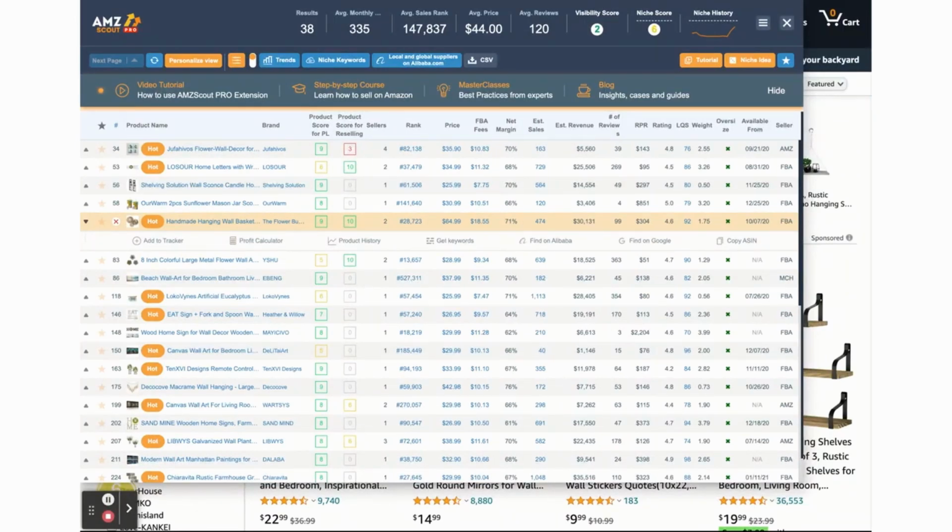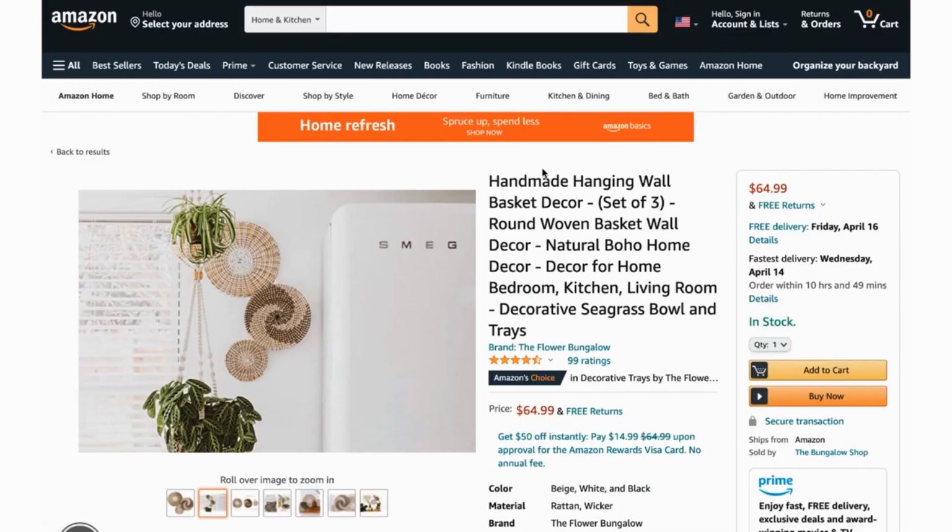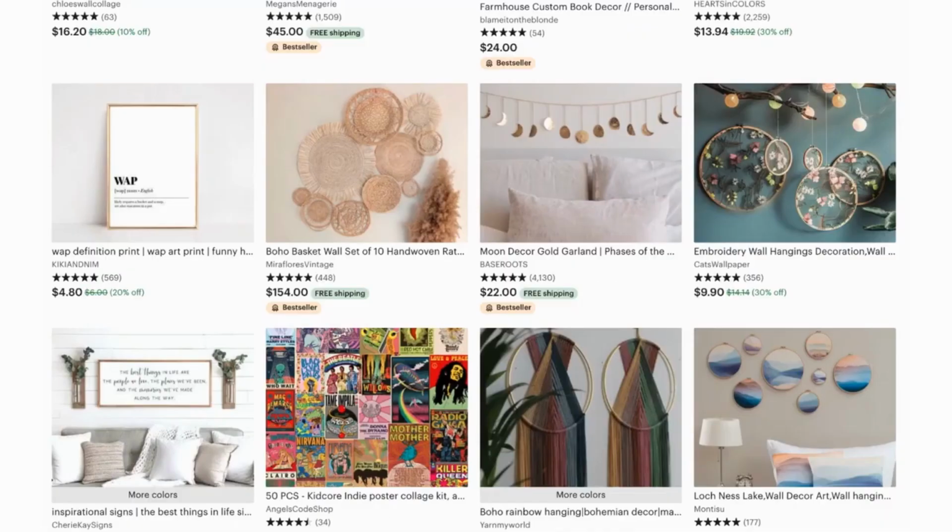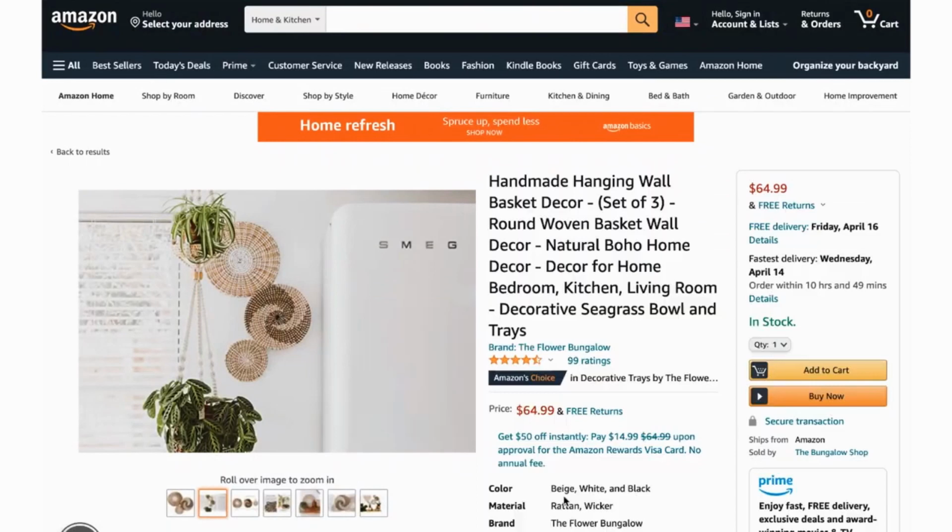The reason I chose this item is because I saw a trend on Etsy. If you remember, I'm just going to click on this listing and show you. This item is very similar to what we saw on Etsy as something that is selling really well, and it's priced at a much lower price point on Amazon.